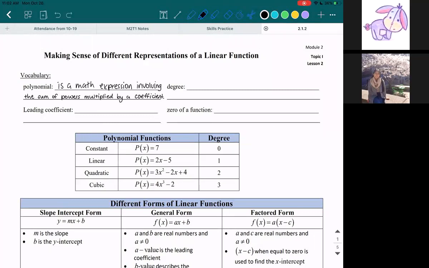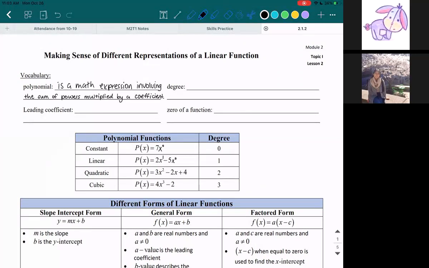So all of these equations are polynomials. The first one is a constant polynomial. So this power is to the power of 0. So there's an invisible x to the power of 0 here. So that's a sum of powers. In the second one, you have a power of 1, so that's x to the power of 1, and the -5 is a power of 0.